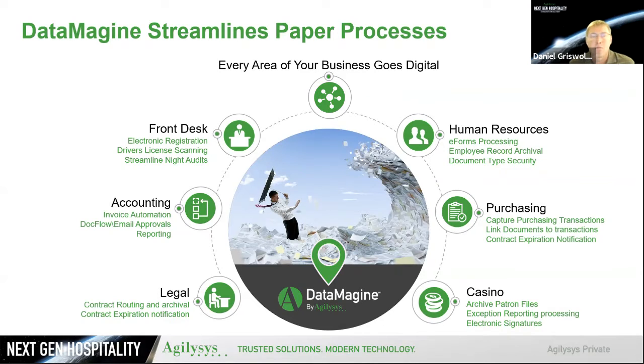We're going to talk a little bit more about our purchasing and accounts payable integration. But basically we help streamline all those operations in your finance department. Along with human resources. There's a lot of paper that's generated in human resources, whether it's employee records, employee benefits, all these forms that people have to fill out, whether it's disciplinary action forms, vacation requests.